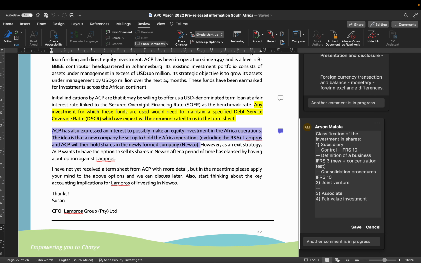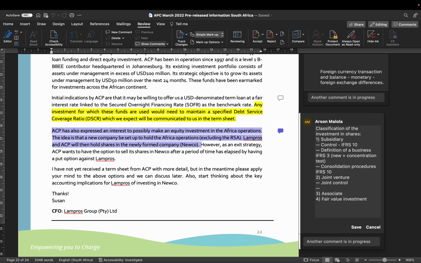Joint venture, we're looking for joint control, and also just considering joint venture versus joint operation. Again, getting a high level revision of the principles that sit in IFRS 11. It's also scoped in, essentially part and parcel of the research of this task.